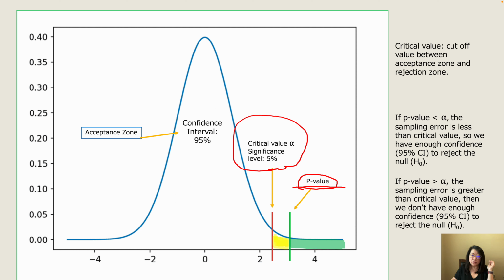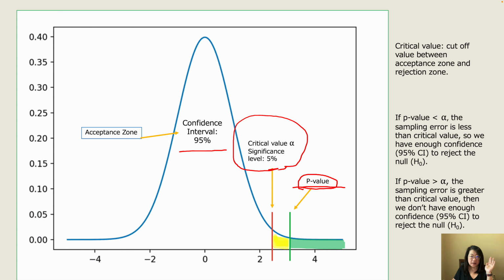So when the p-value is less than 0.05, then you can see this blue line was cut behind this critical value, which means the sampling error does not fall within the zone of the confidence interval.